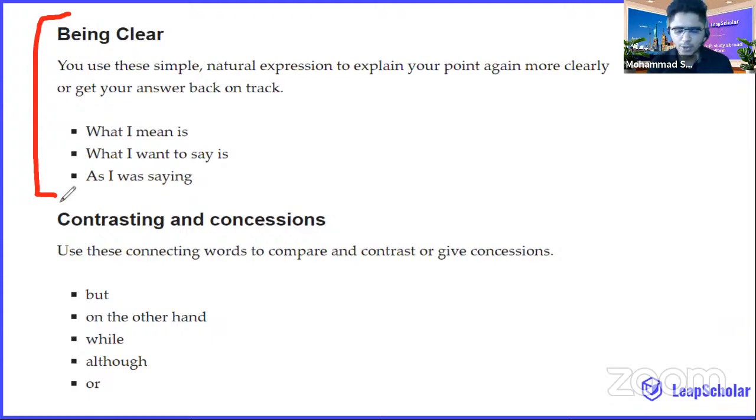Read this, then make a sentence, please. You use this simple, natural expression to explain your point again more clearly or get your answer back on track. And what I mean is, what I want to say is, and as I was saying.